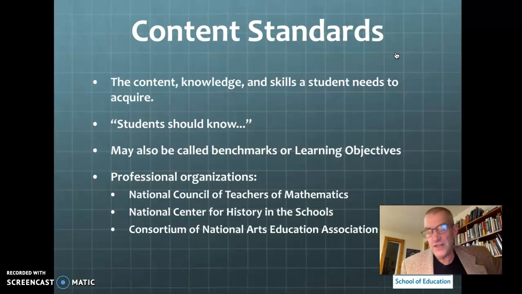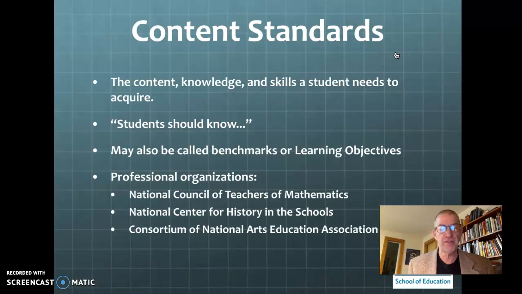For instance, the NCTM, the National Council of Teachers of Mathematics, really helped write the Common Core State Standards for mathematics. They're the ones that wrote the outline, organized the standards, what was going to be taught in what grades, why this would be taught first and this second, and all those sorts of things.